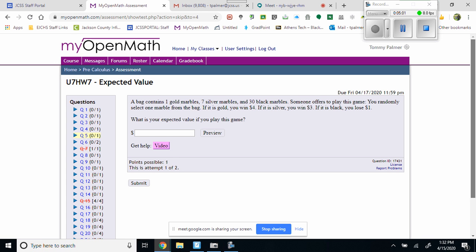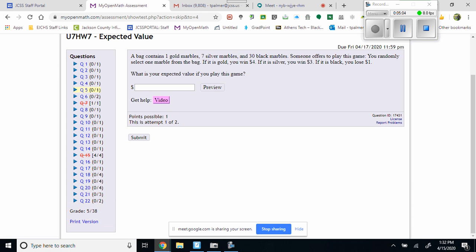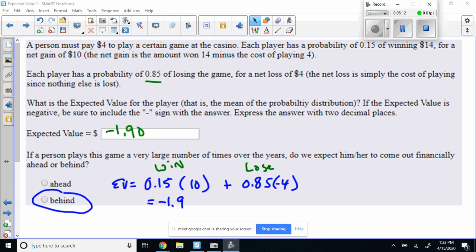All right, next. So this is number 6. On my problem, it says a person must pay $4 to play a certain game at a casino, right?